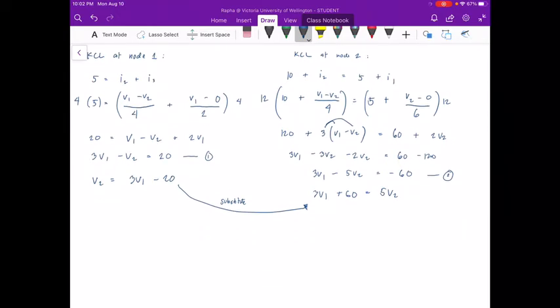And this becomes 3V1 plus 60 is equal to 5V2, which is equal to 3V1 minus 20. So we have 5 times 3, 15V1 minus 20 times 5, we have 100.